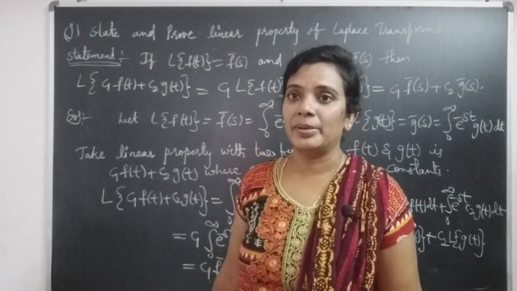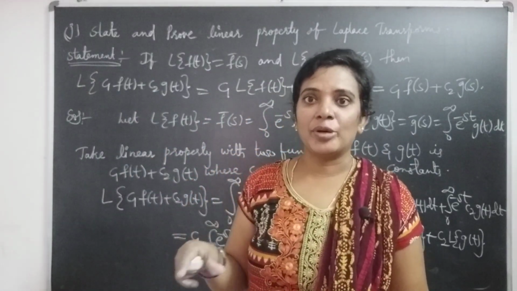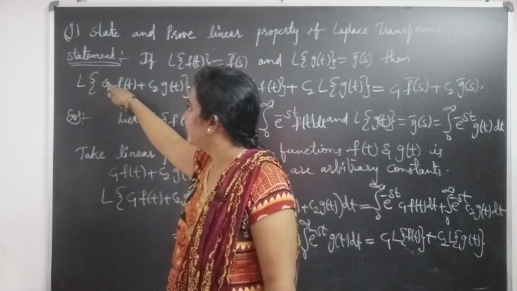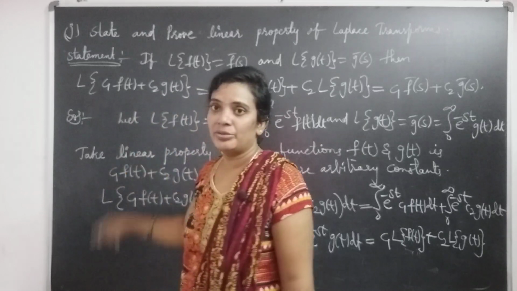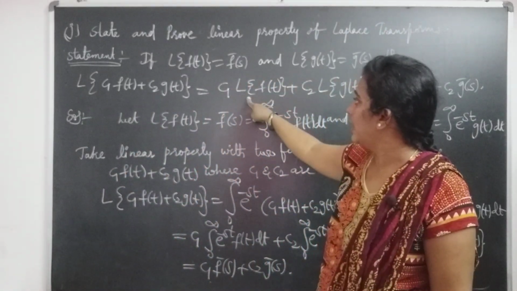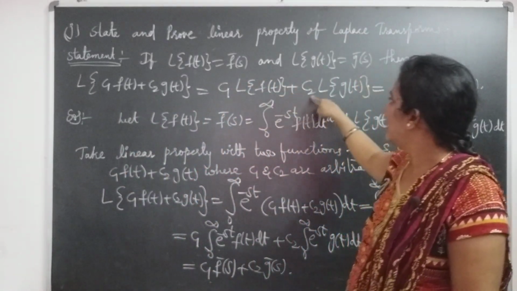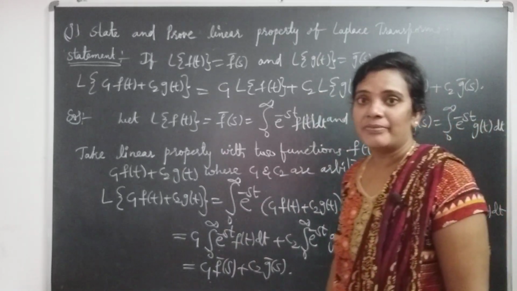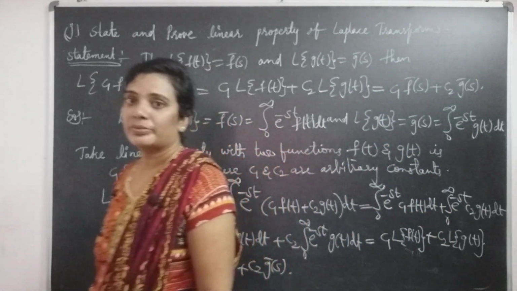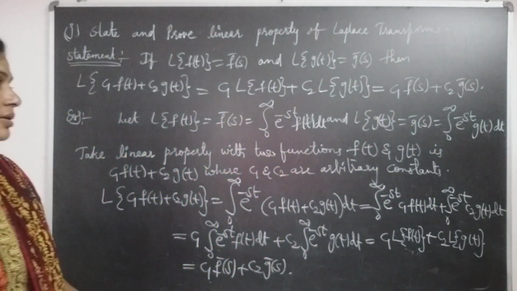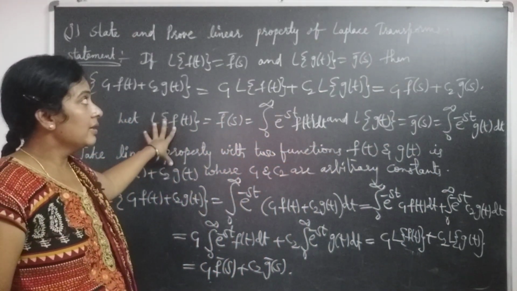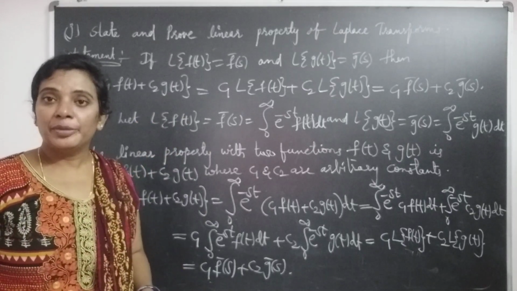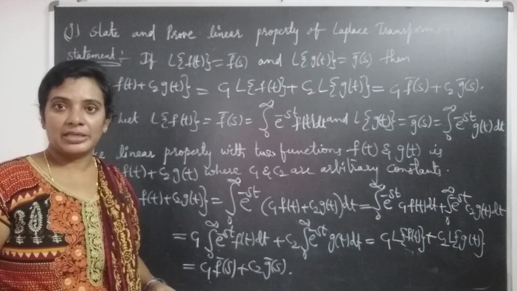Then L of c1 f of t plus c2 g of t is equal to c1 L of f of t plus c2 Laplace transform of g of t, equal to c1 f bar of s plus c2 g bar of s. This is the statement and proof of the linear property of Laplace transforms.